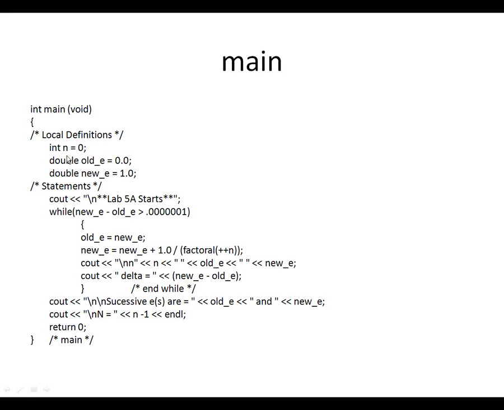Here's your main where you define your old and new E, while the old E and new E difference is greater than this delta that you set. You want to recalculate the new E, and when this condition finishes and you jump out of the loop, you want to output your old E and new E and n, which is the number of the successions you went through.